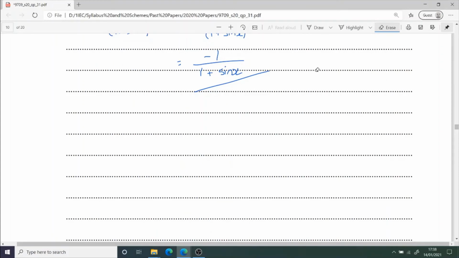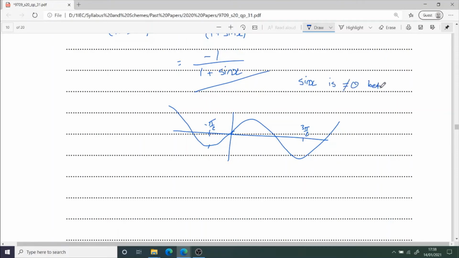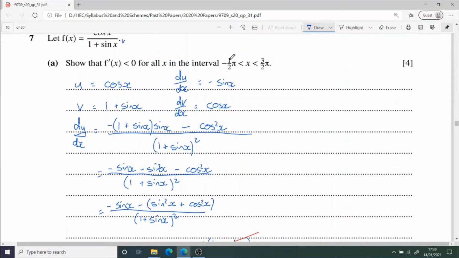So let's just very quickly think about our graph of sine x, which looks something like this. So when x is minus pi by 2 all the way up to 3 pi by 2, sine x is not equal to minus 1 between minus pi by 2 and 3 pi by 2, because crucially it's a strict inequality, so it doesn't include those two values.